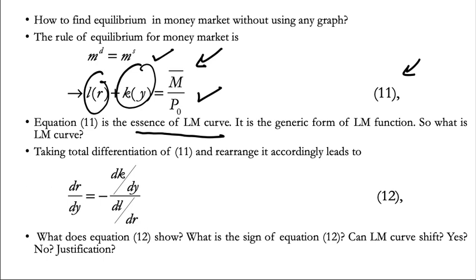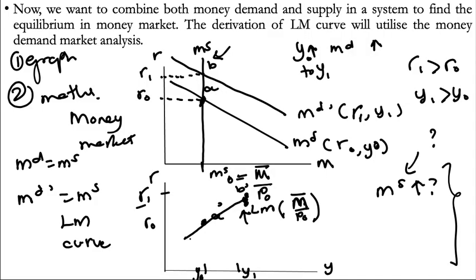Okay, so if you see here, although we have negative sign or minus sign here, can we decide that dr over dy or the slope of LM curve is minus sign? But recall back, the drawing shows that it is upsloping.